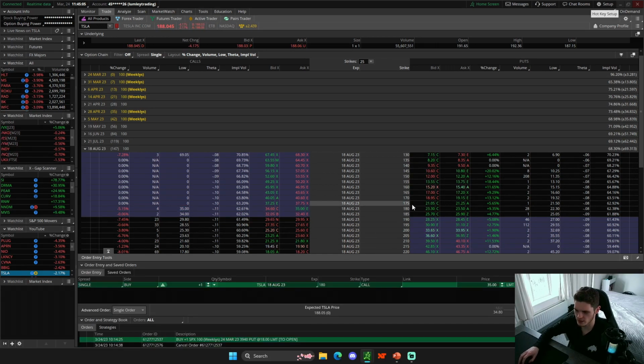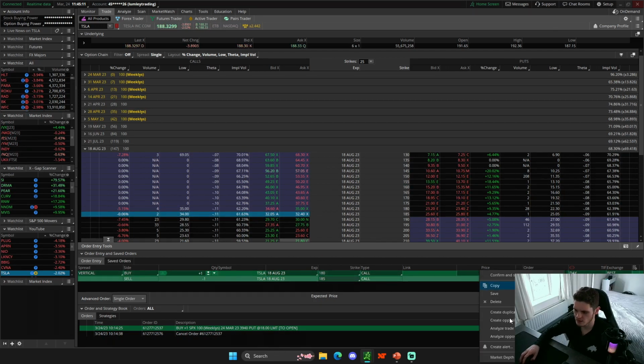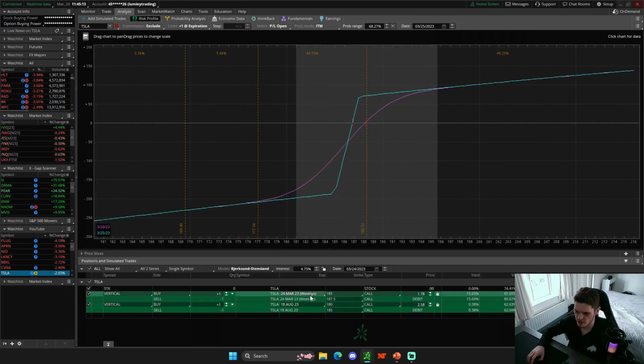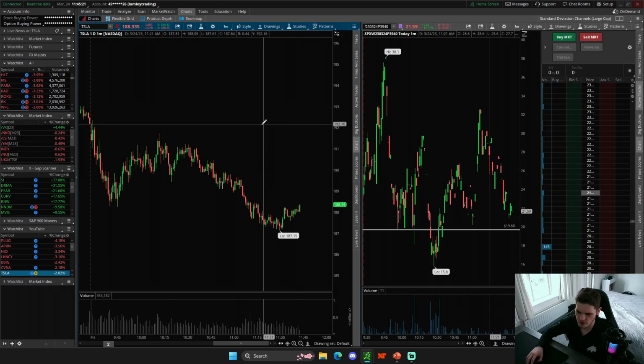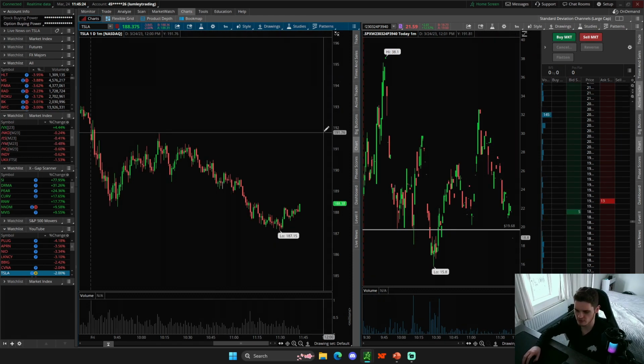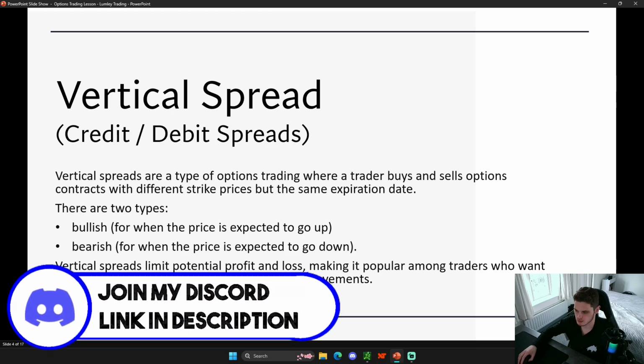You go to the 180 call, the 180 puts, it's going to cost us $2.50. It's a $5 spread. So again, we're getting near enough a 1-to-1 risk to reward. We're risking $258 to make $242. So it can be good, especially if stocks have been really overbought or oversold. So that's when I look to trade the vertical spreads.